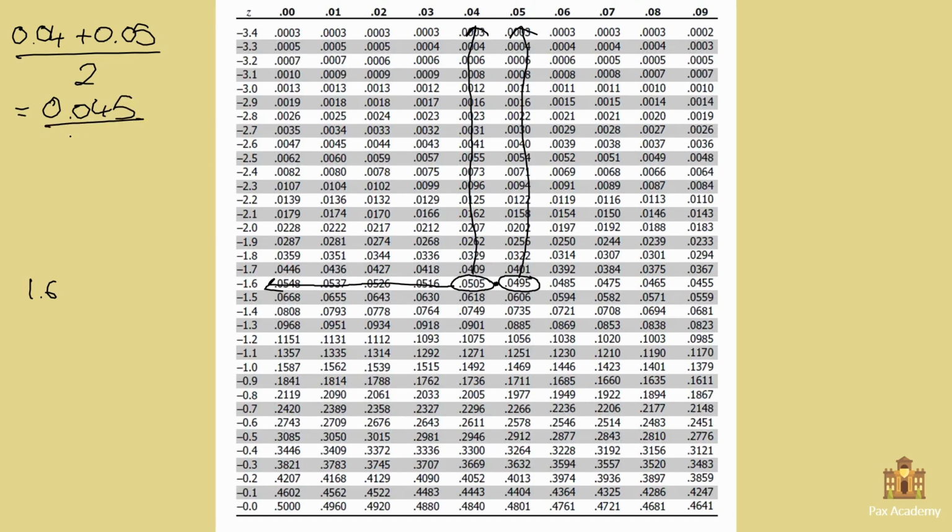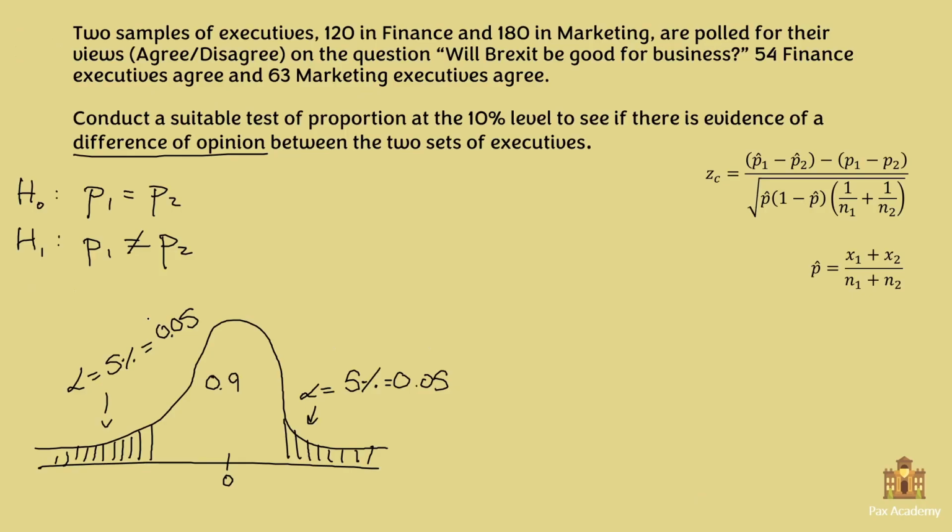So these are the decimal places that we're going to add to the 1.6. So 1.6 plus this value is going to give us 1.645. And finally, this can be positive or negative. Very good. So now that we have this, let's write it down. So we have 1.645 on the right hand side and minus 1.645 on the left hand side.